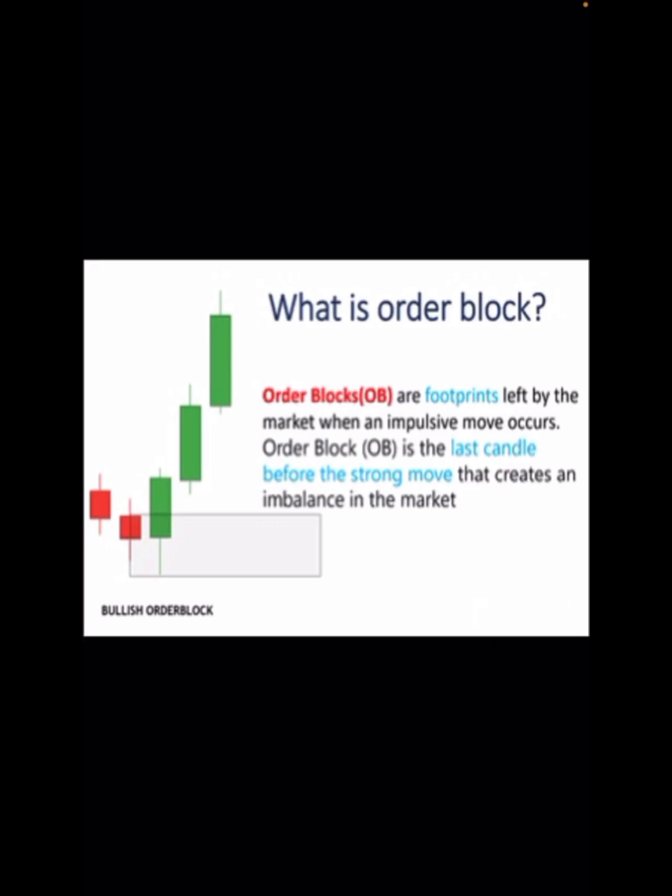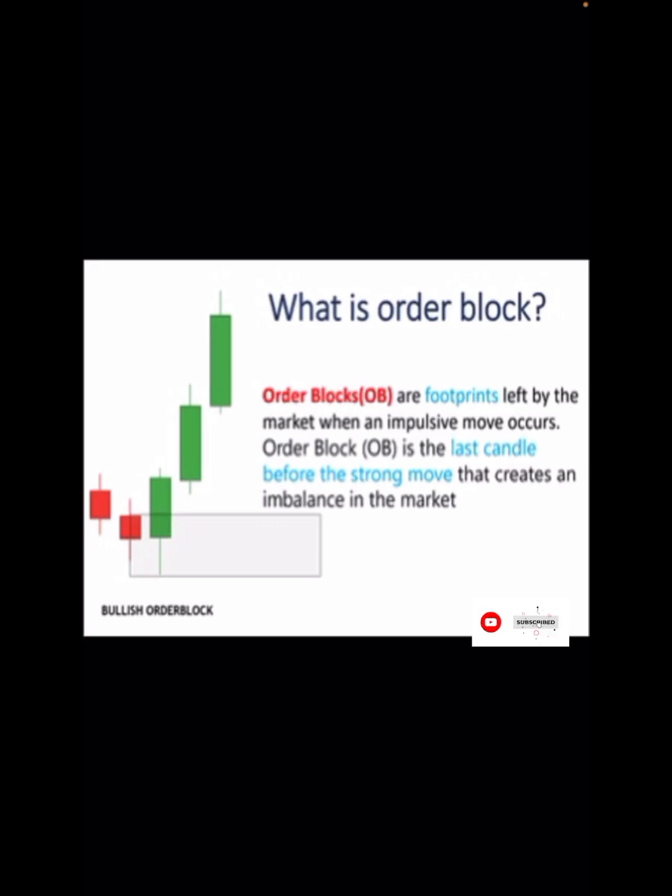Order block. Order block refers to the specific price areas where large market participants such as institutional traders, banks and hedge funds have previously placed significant buy or sell orders. Clusters of orders are present in these areas, which can have an impact on price movement, liquidity and market sentiment.